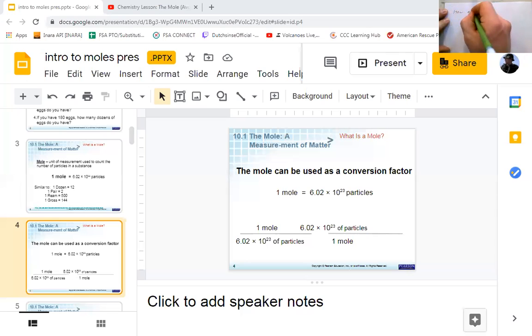How many moles? It sounds so goofy. How many moles in 458 grams of Na2SO4? First thing here, I have to find the molar mass.